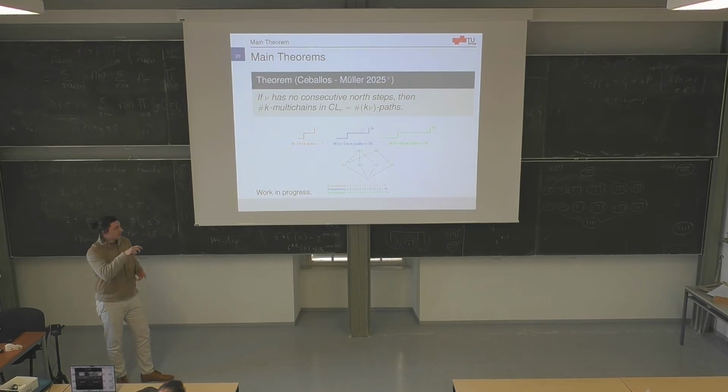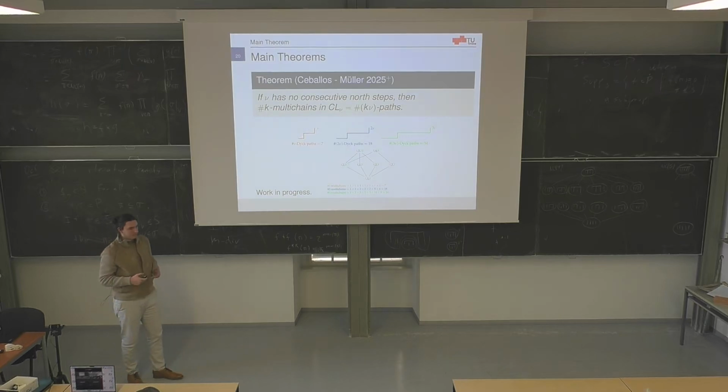So first, only think about these two pictures maybe. Again, say this is my Dyck path, and I say for an integer k, k nu is the Dyck path obtained from nu, where I multiply the number of east steps. I don't care about the north steps.